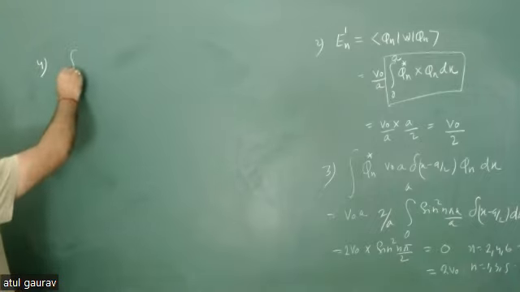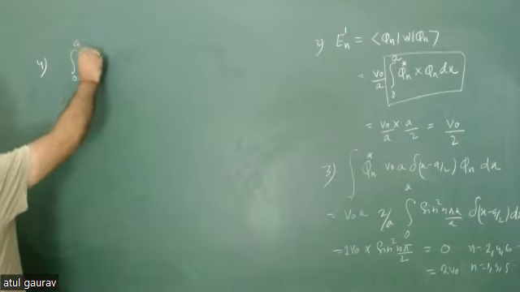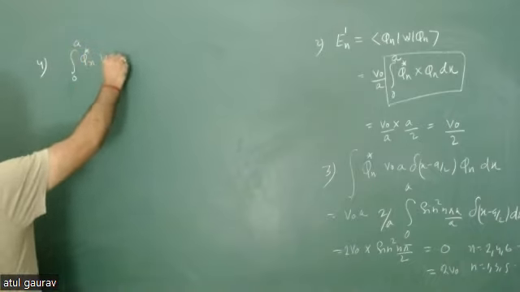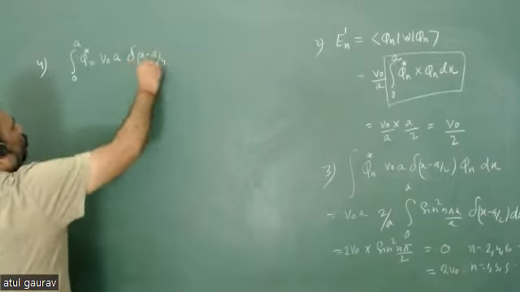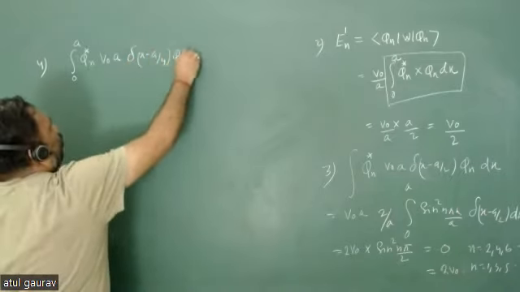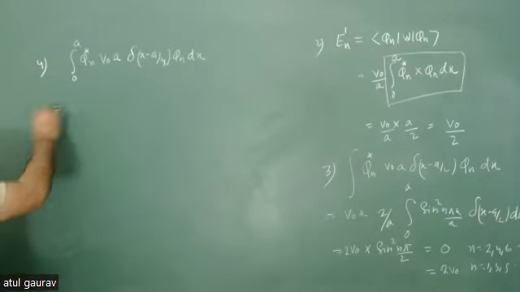So again we will go for 0 to a phi n star V naught a delta x minus a by 4 phi n dx. So again you have to be very careful.